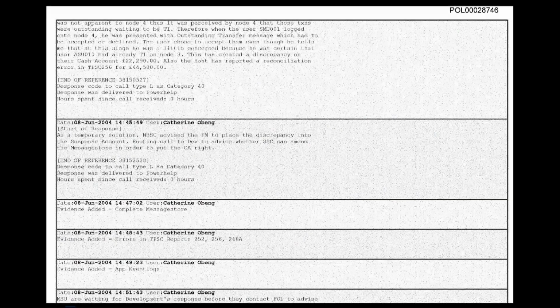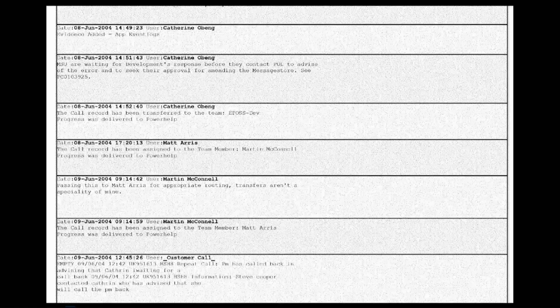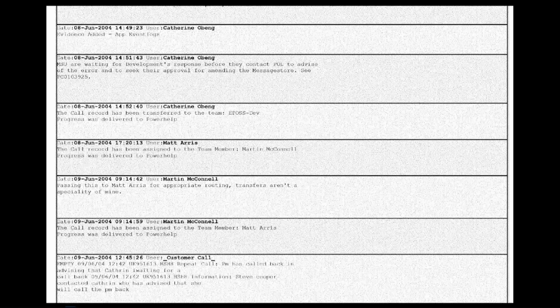Could we see if Catherine said anything else before she passed it over to development? Yes, if we go back to... Just go up a little bit. Page 3. And then scroll down. Right, so maybe there isn't... I'm sorry, I can't see the whole picture. If we zoom out, please, then it becomes too small.